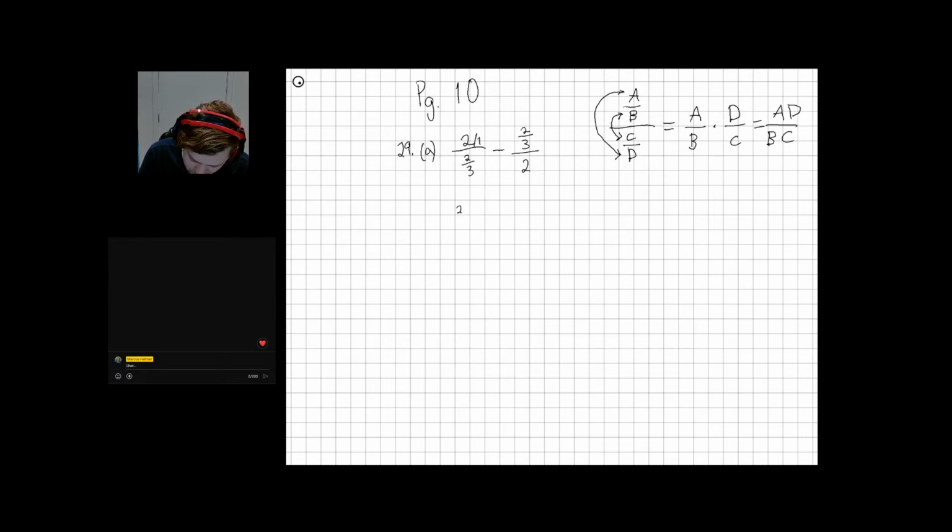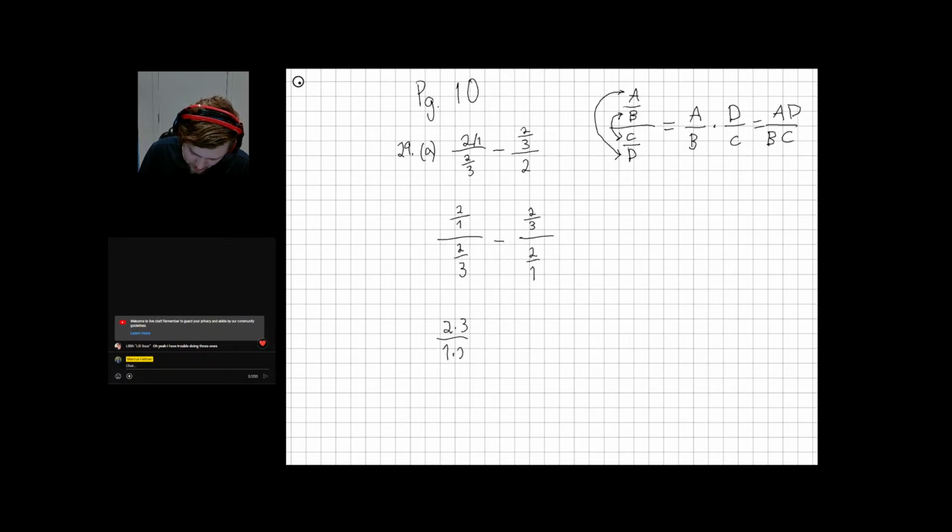So we're going to have 2 over 1 divided by 2 over 3 minus 2 over 3 divided by 2 over 1. And why am I writing it like this? So I can just use this property right here, right? So I'm going to multiply 3 and 2 and 1 and 2. So on the top, I'm going to get 2 times 3. On the bottom, I'm going to get 1 times 2, right? These 2 and these 2 minus these 2 and these 2, right?